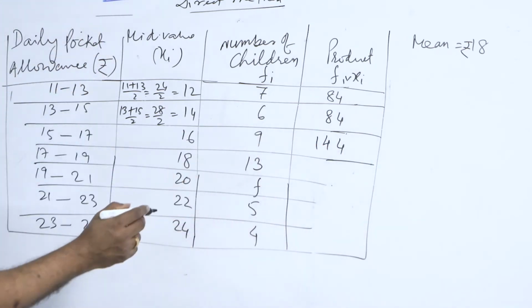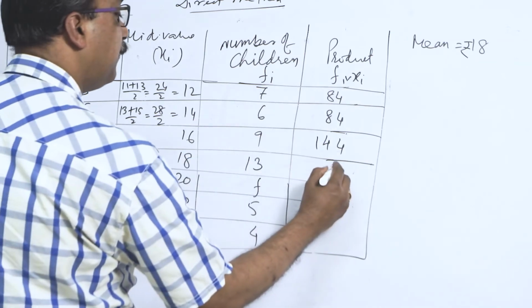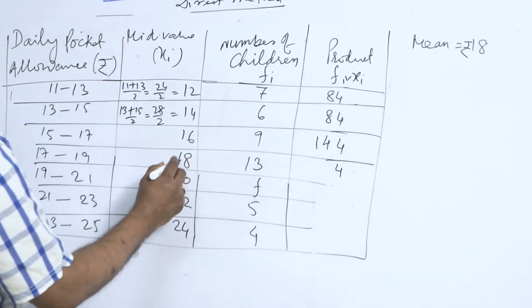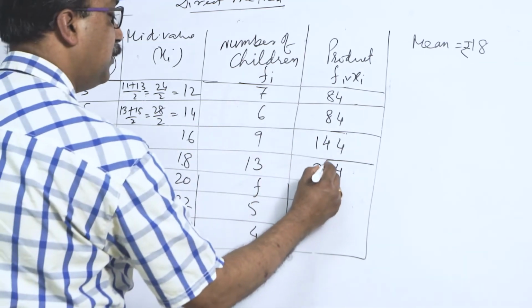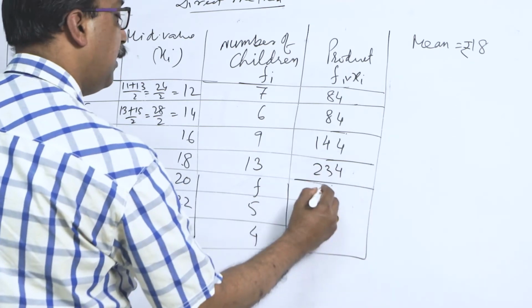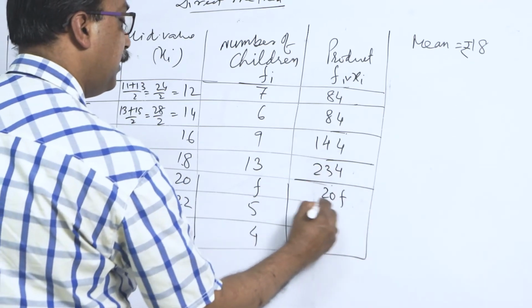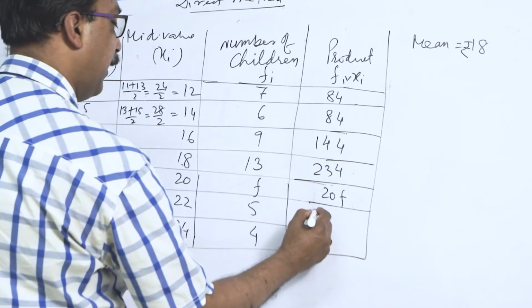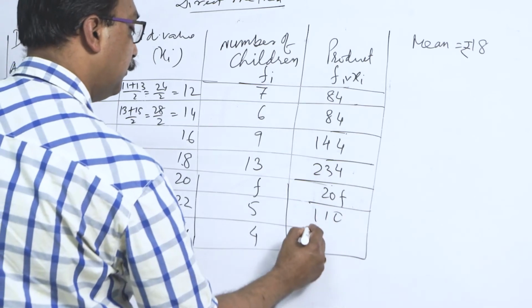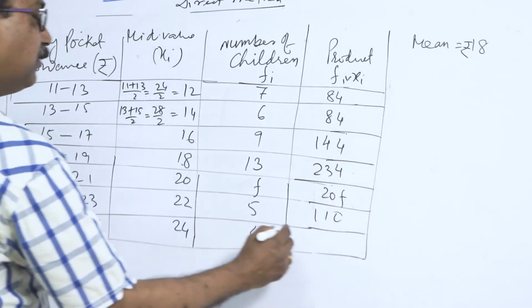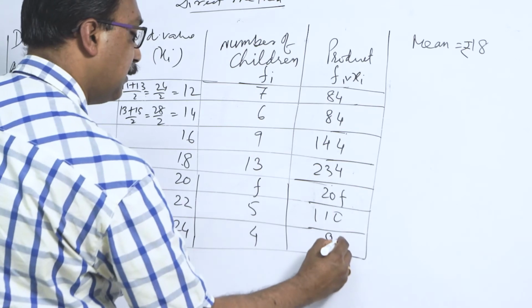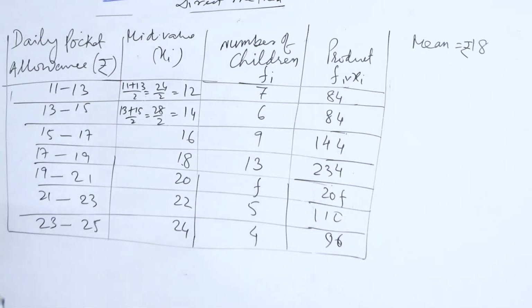Then 18 into 13. 18 threes are 54, 5 in hand. 18 ones are 18 and 5, 23. Then here 20F. 20 into F, 20F. 22 into 5, I think 110. Then 24 into 6, 96. Okay. Now you have to add it.